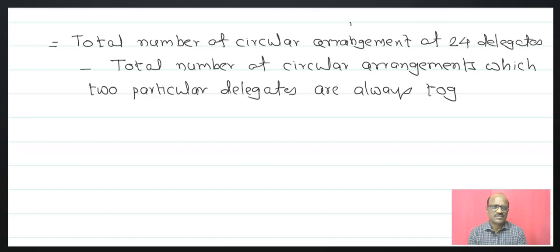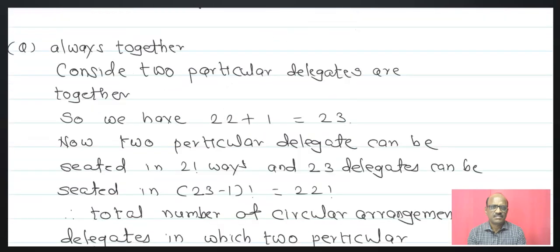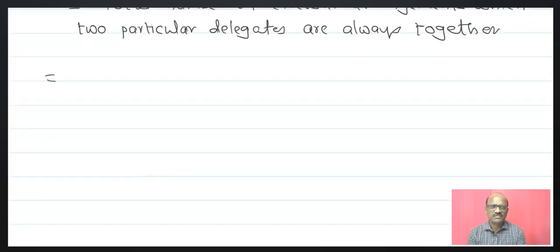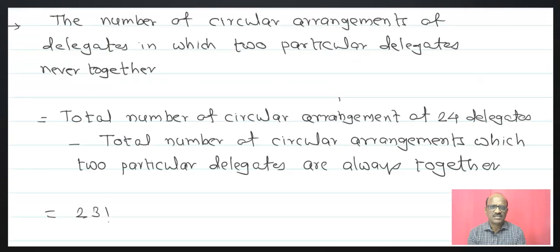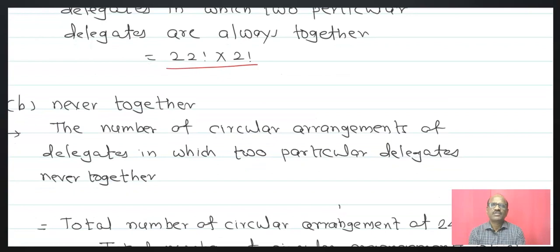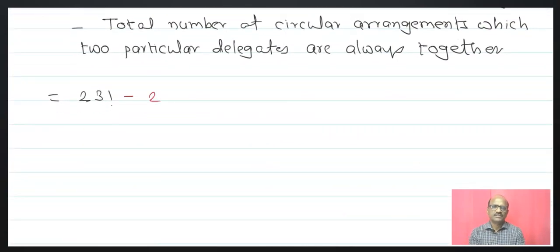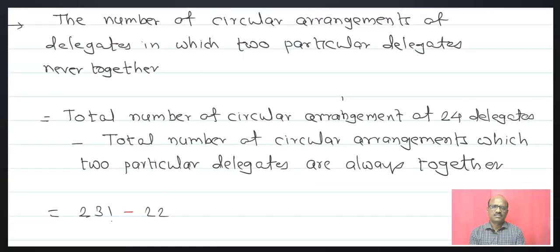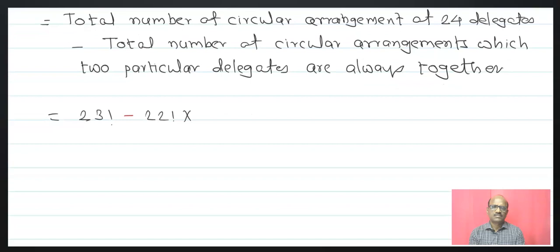We subtract it and you will get the arrangements where they are not always together. Therefore, 23 factorial minus 22 factorial into 2 factorial. This is normal calculation: 23 into 22 factorial minus 22 factorial into 2 factorial.